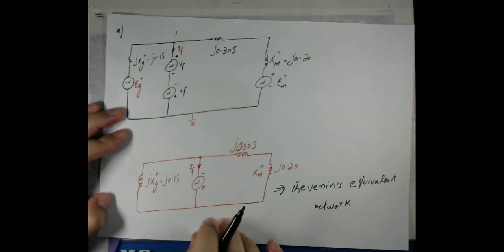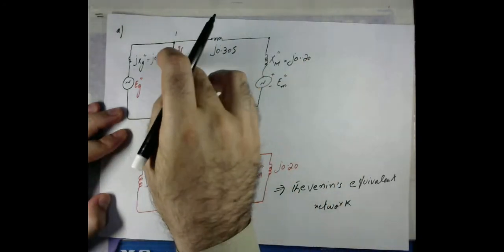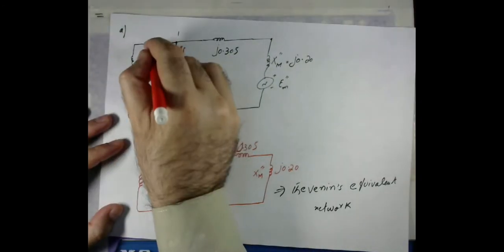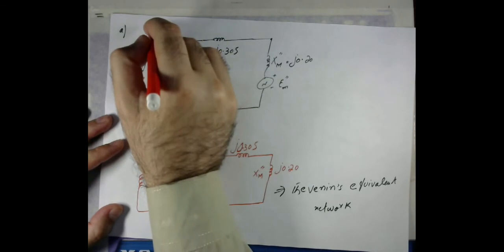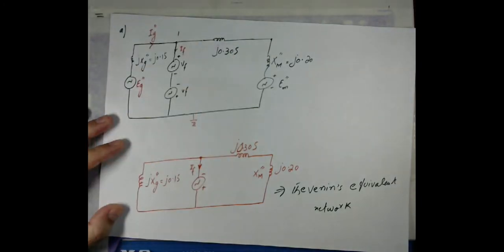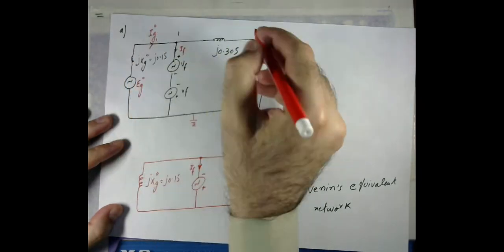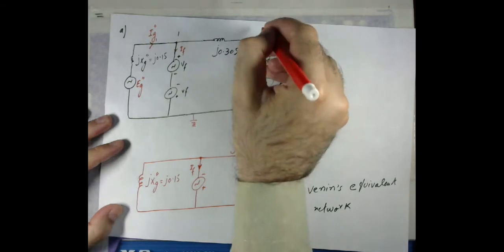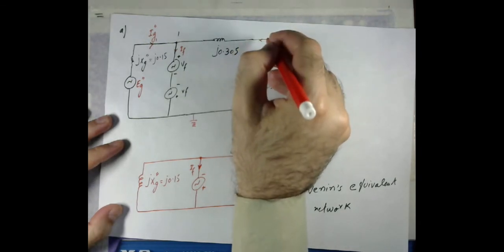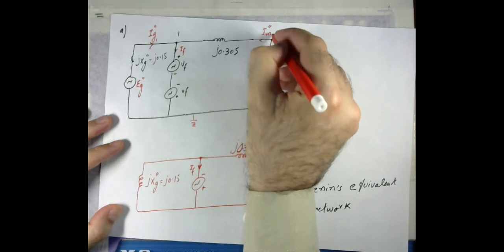And if one looks here, because it is the fault at this particular point, it means the current will be feeding from both sides, so that is what we call IG1 double prime, and that is IM1 double prime.